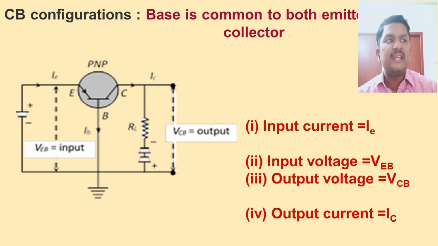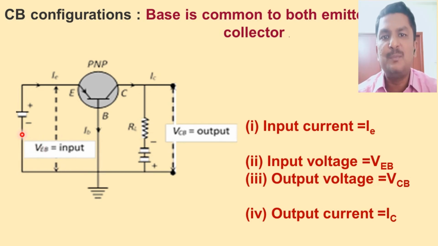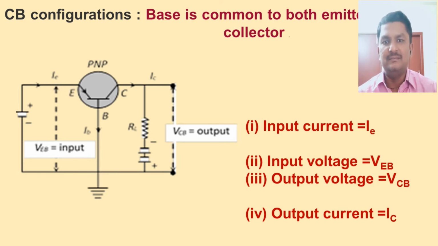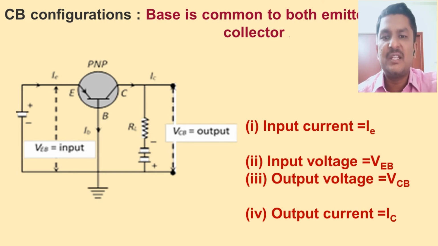With a small increase in emitter base voltage, the emitter current IE increases rapidly due to the small input resistance. Because of small input resistance, with a small increase in input voltage VEB, a large change is observed in IE. That CB mode configuration I discuss in detail in the next lesson.